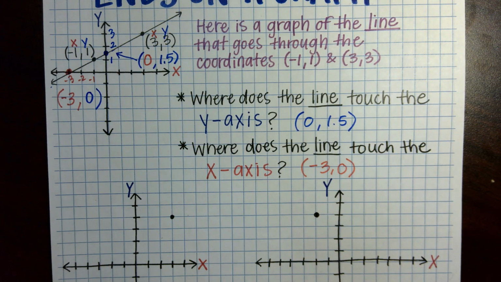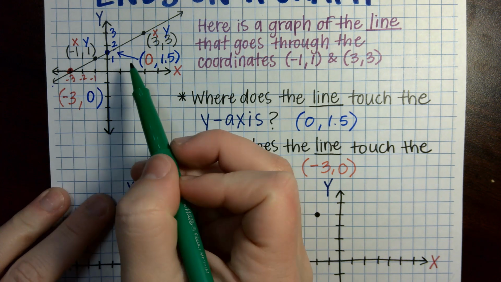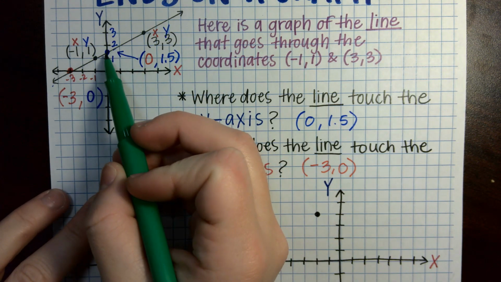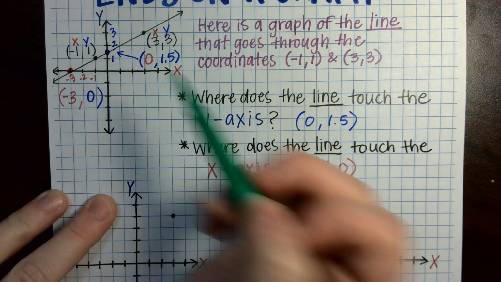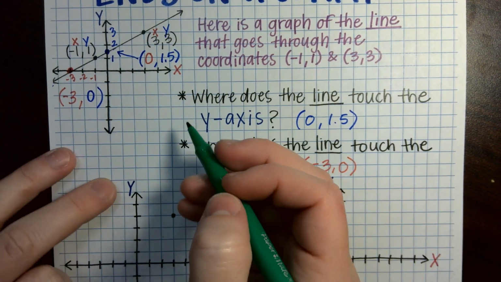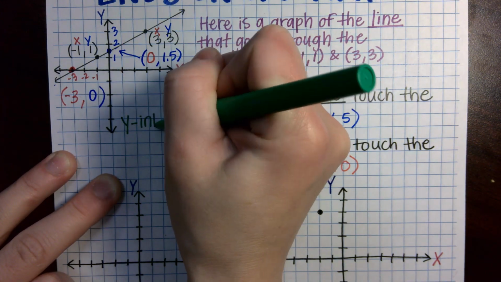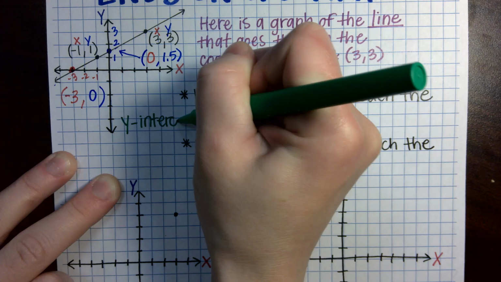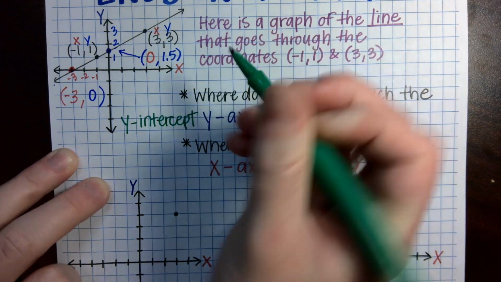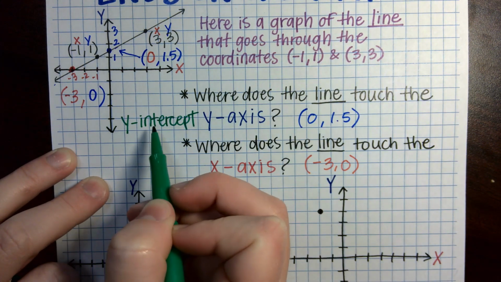So what we would call these points, I'm going to give you a new word. Anywhere that the line you draw touches the y-axis, we call that a y-intercept.